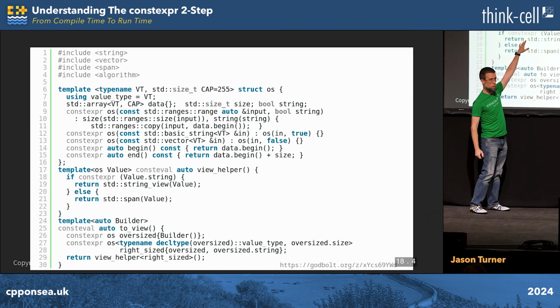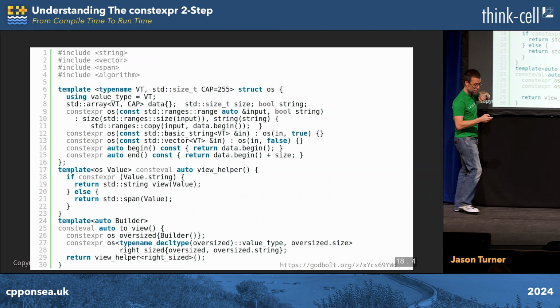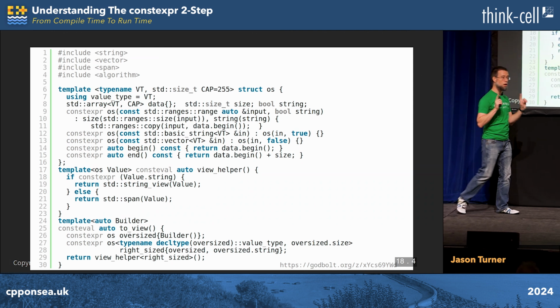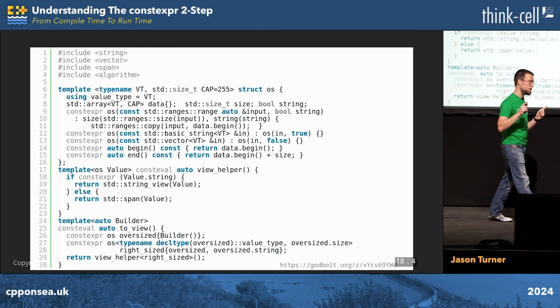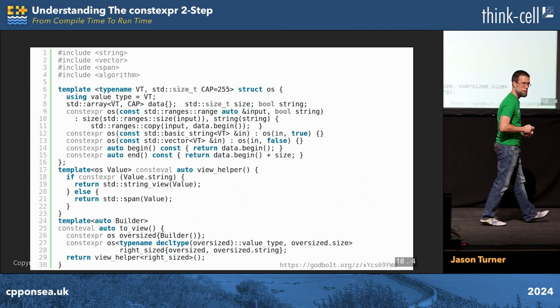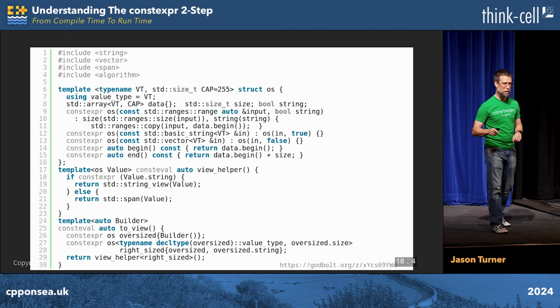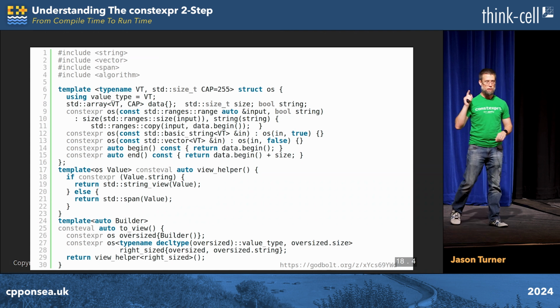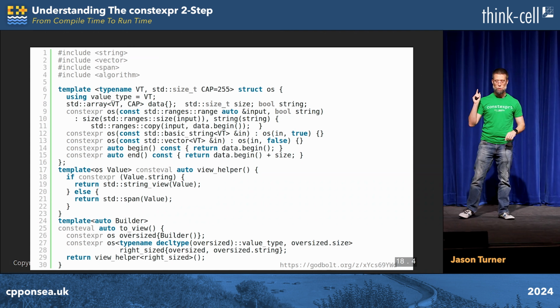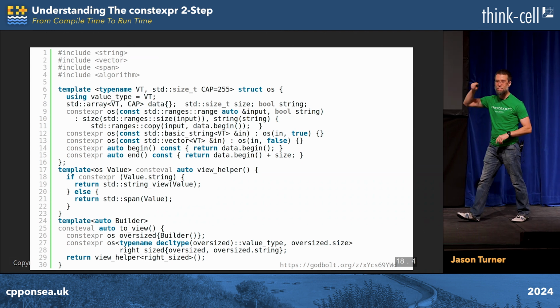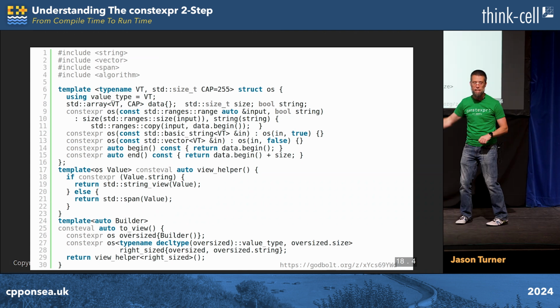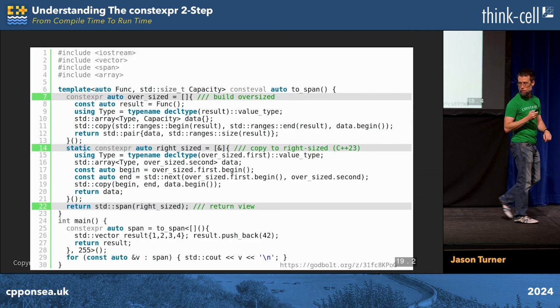This thing, OS value on line 17, is the only part of this that persists into the binary. Remember, being constexpr doesn't change the lifetime of the object. It just means it was computed at compile time. So all of that goes away. Only the final thing that I make static persists to the binary.